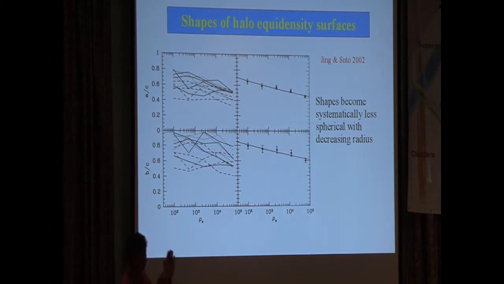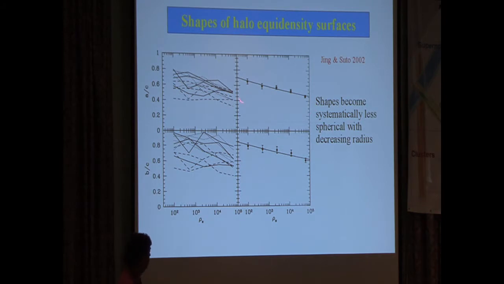The highest densities are very close in. And you can see as you move inwards, there's a tendency for most of them for this axial ratio to get smaller. So if you average, you get this. So you can see in the outer regions, the typical value, the average value of this ratio is about 65%. And in the center, it's less than a half.